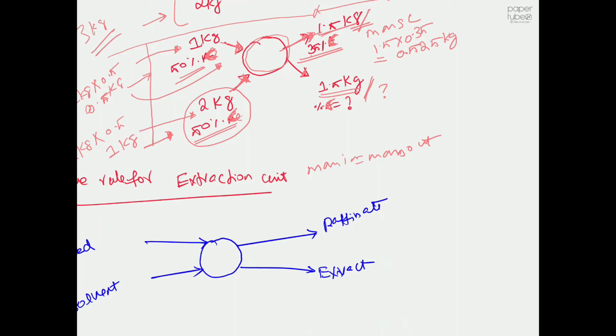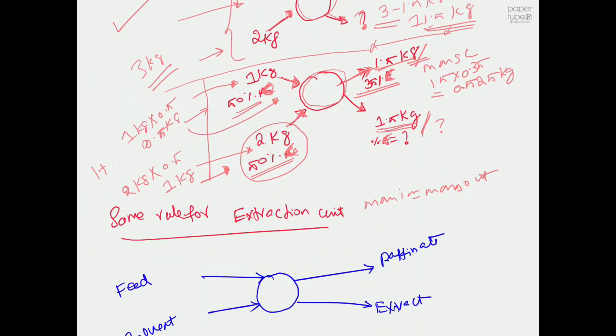Yeah, that's 0.525 kg. So I said to you in stream 2 we have 1.5 kg. So what will be the remaining percentage here? The mass of C that goes inside is 1 plus 0.5, that's 1.5 kg.